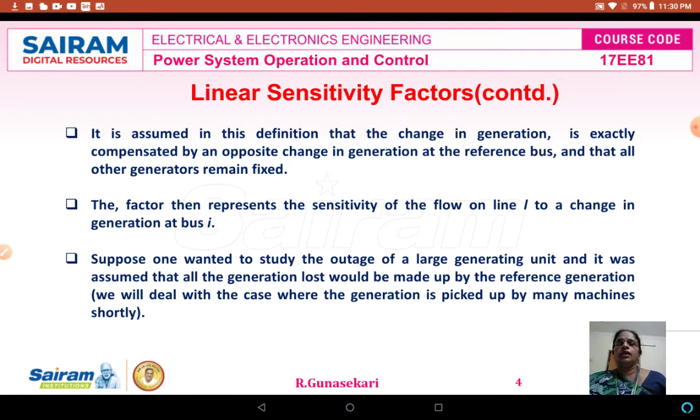The generation shift factors represent the sensitivity of the power flow on line L to a change in the generation at bus I. I already told you, L is the line index and I is the bus index. Suppose we want to study the outage of a large generating unit. It is assumed that all the generation lost would be made up by the reference generation.